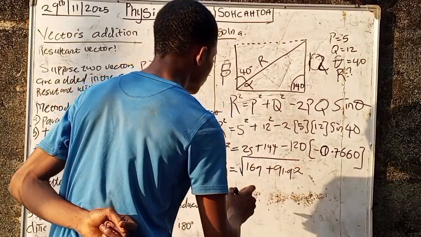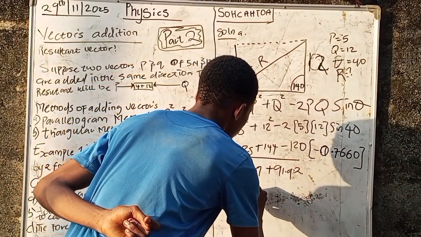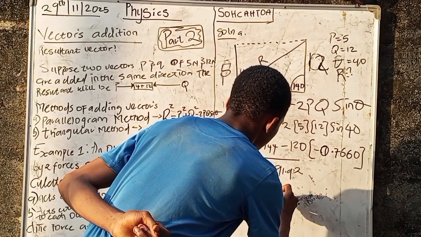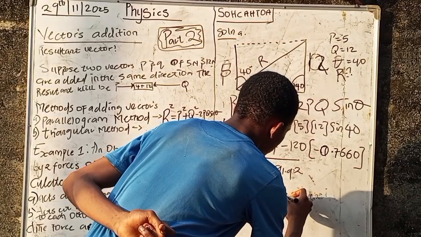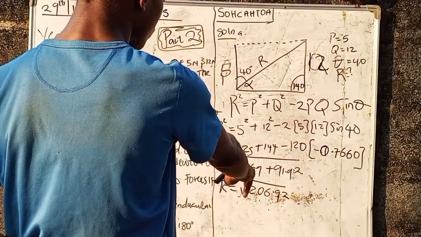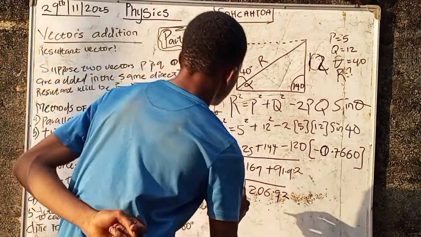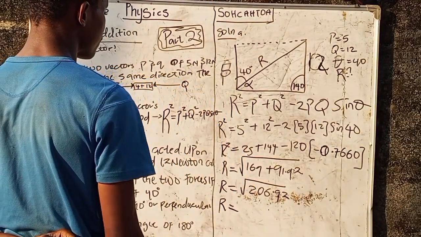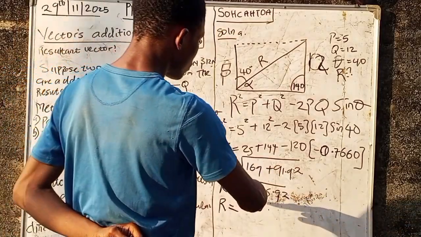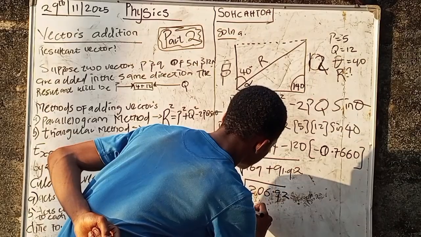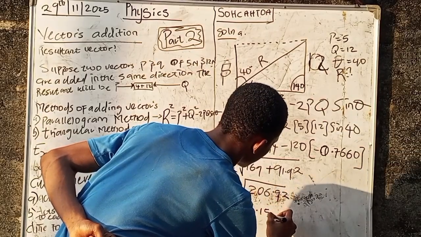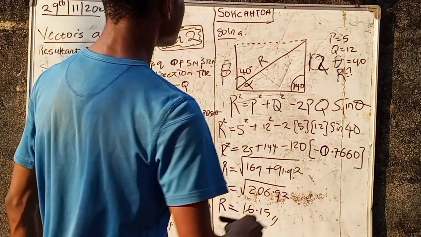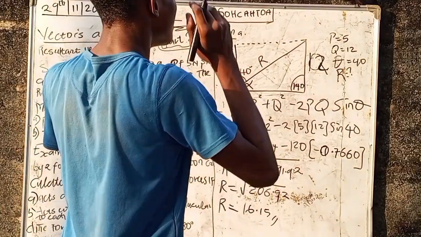So when you add it together, you'll have R equals the square root of 260.92, which gives us 16.15 as our resultant. But be mindful of it, this is a vector and a vector has direction.